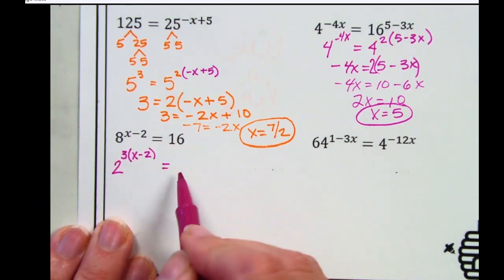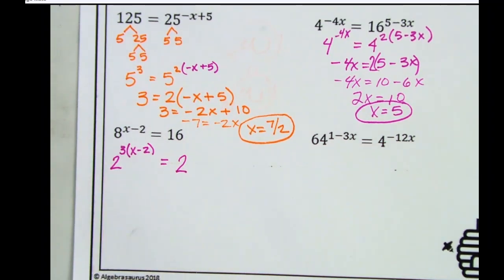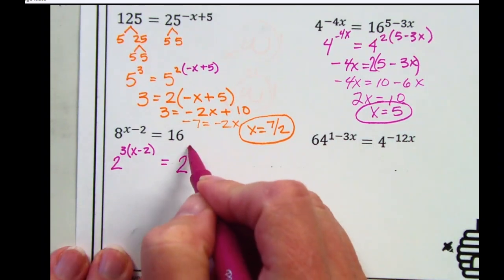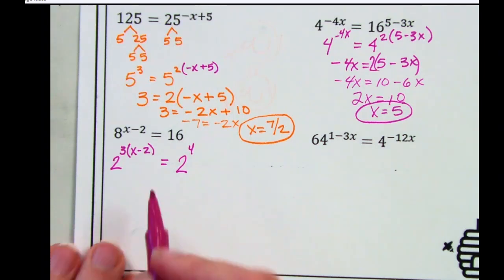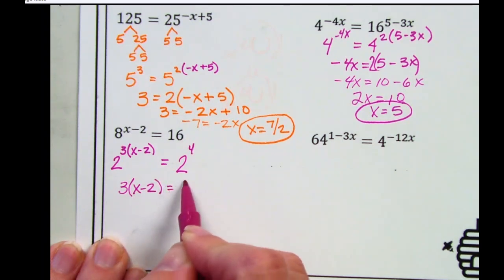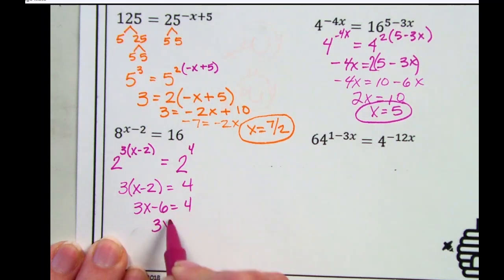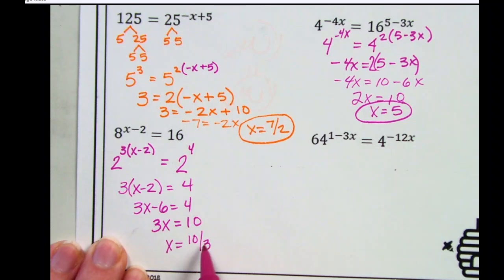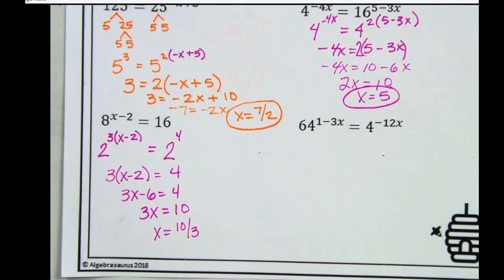And I know 16 is 2 to the what power? 4, yeah. Bases match, so that means my exponents are equal to each other. x is 10/3. All right, try that last one with a neighbor or on your own.